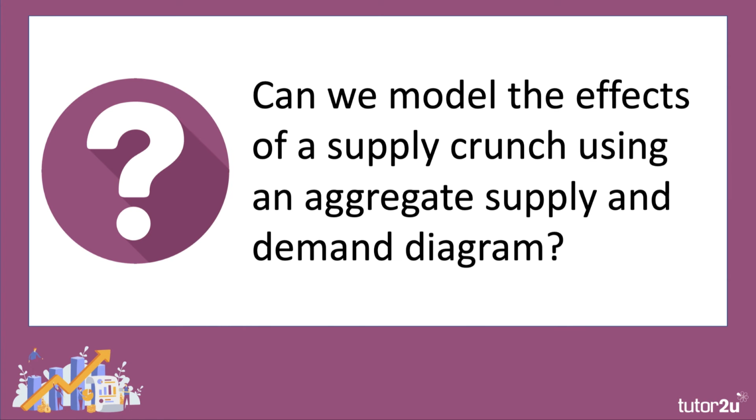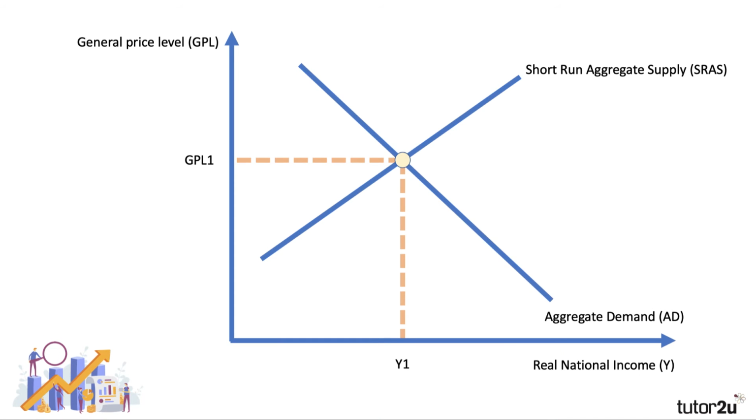Well, how can we model the effects of a supply crunch using an aggregate supply and demand diagram? Don't worry if you haven't covered this yet in your year 1 or year 12 economics, but here's a simple way of modelling it. Here's our short run aggregate supply against demand. So the initial equilibrium is at general price level 1 and national income level Y1.